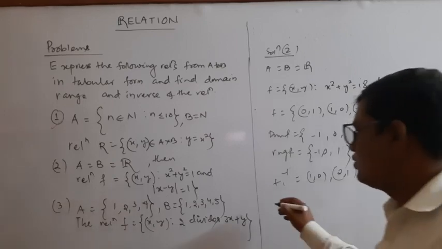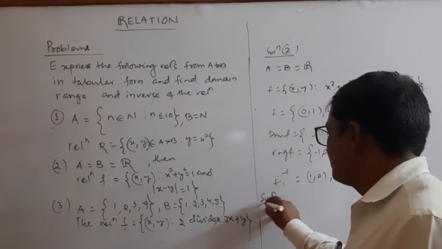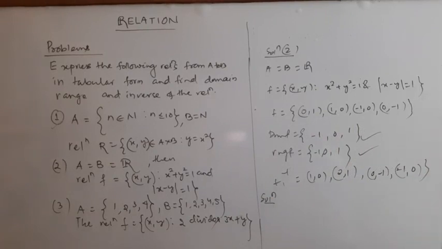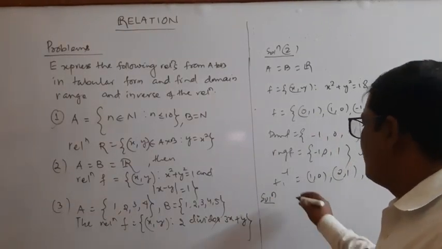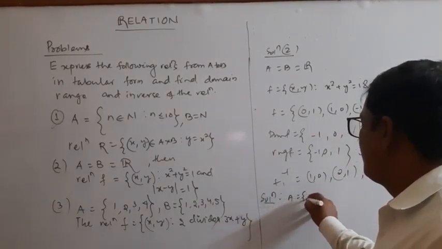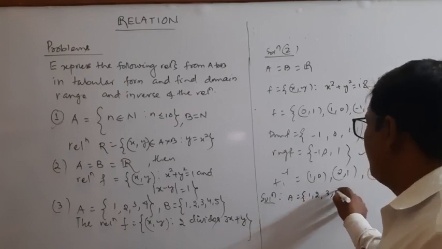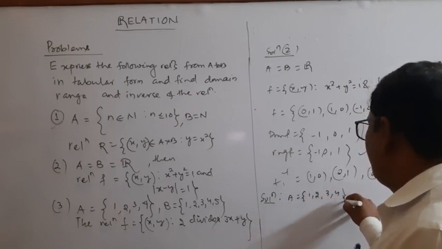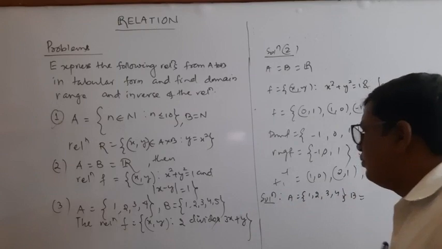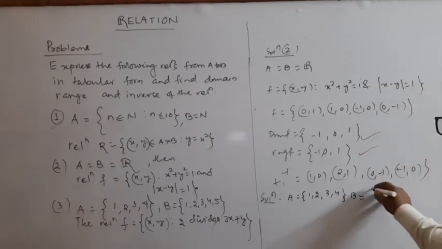Now solution of question number 3. A is equal to {1, 2, 3, 4} and B is equal to {1, 2, 3, 4, 5}.